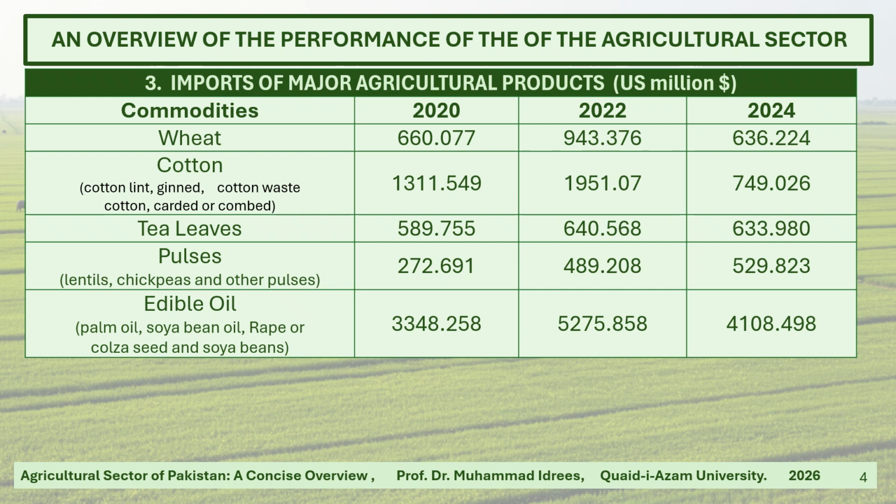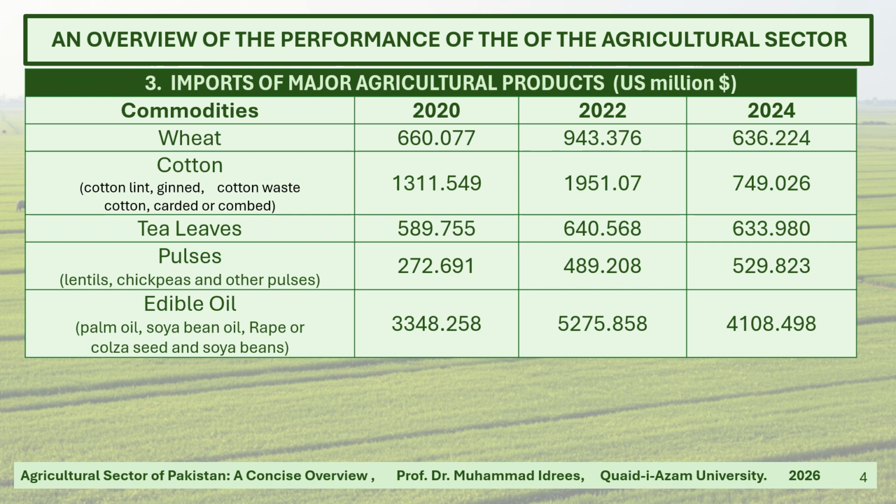Now we'll talk about the import of major agriculture products. In this regard, we have taken wheat, cotton, tea leaves, pulses and edible oils. And the years are 2020, 2022 and 2024. Wheat.